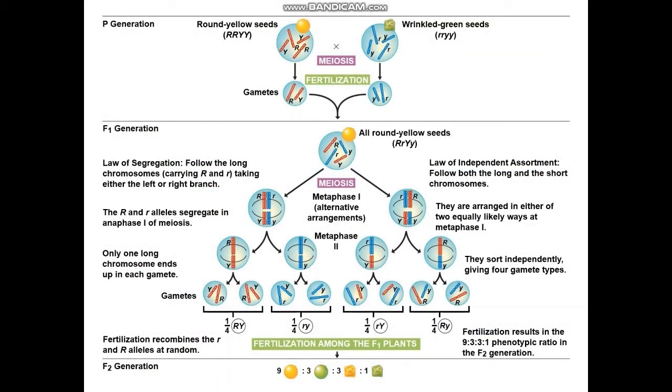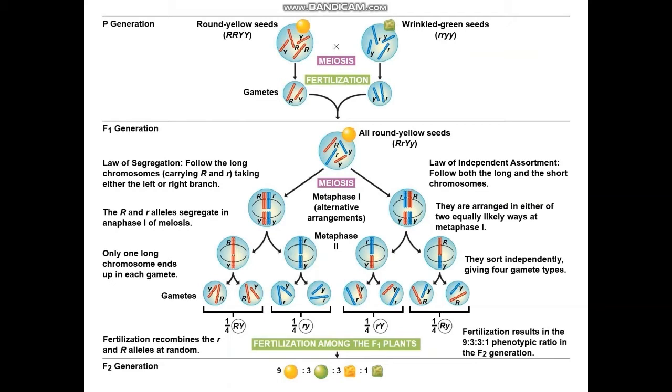This should be a familiar looking image. This is a recap of meiosis, but I've taken the chromosomes and I've labeled them with which alleles you find on each one. So again, every organism has 2 sets of homologous chromosomes. For each pair of chromosomes, you have 2 copies. Your 2 copies can have different alleles on them, different versions of that same gene.